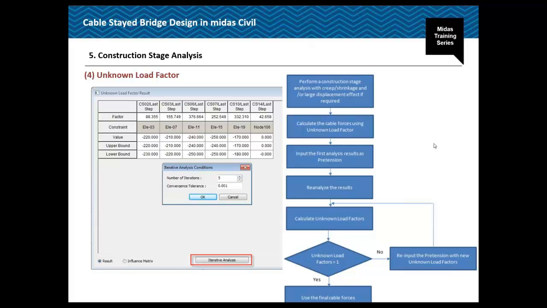And why is the iteration required? This is required when the element force is being updated due to the creep and shrinkage effects or due to the nonlinear analysis effect.